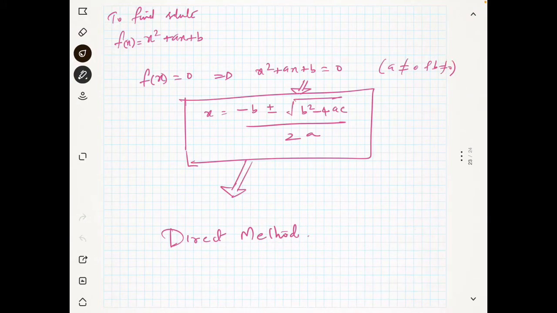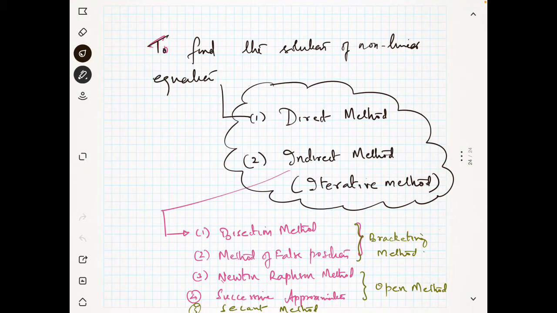And then we have the indirect method, which we can classify into many types: bisection method, method of false position, Newton-Raphson method, successive approximation method, and secant method. Out of these, the first two come under the category of bracketing method, and then open method.